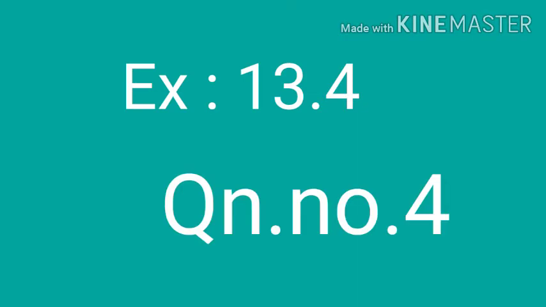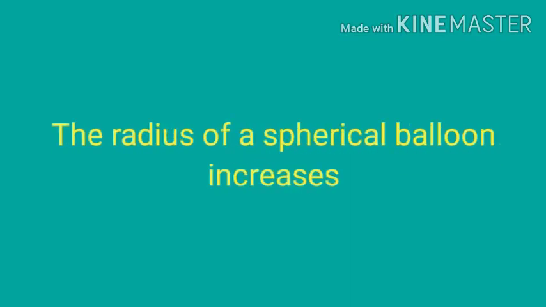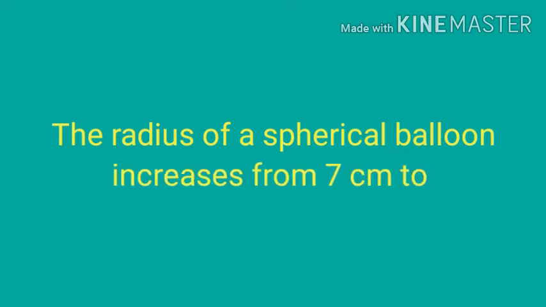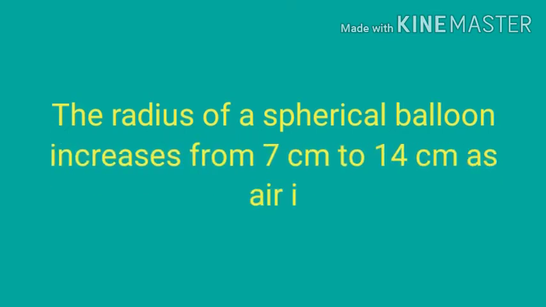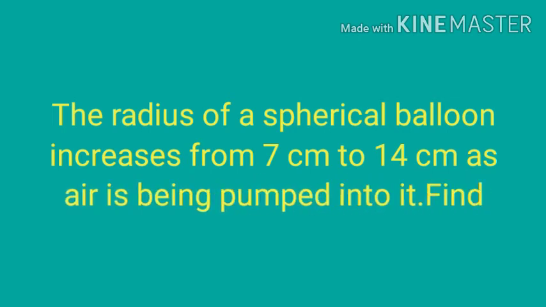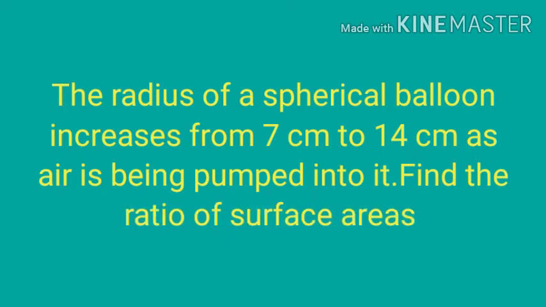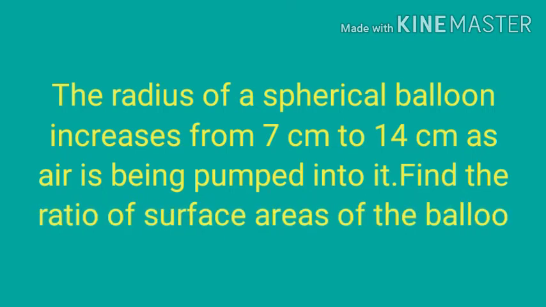Now exercise 13.4 fourth question. Third question is about hemisphere that we can discuss later. So here, fourth question: the radius of a spherical balloon increases from 7 centimeter to 14 centimeter as air is being pumped into it. Find the ratio of surface areas of the balloon in the two cases. In this question, there are two cases.